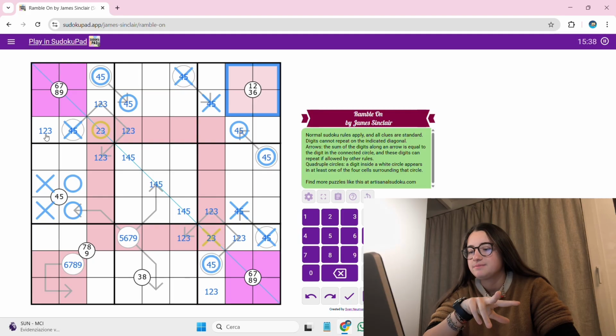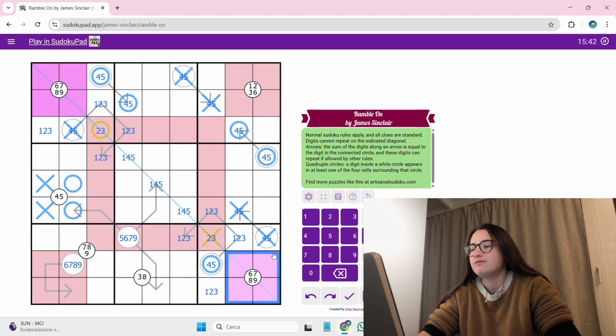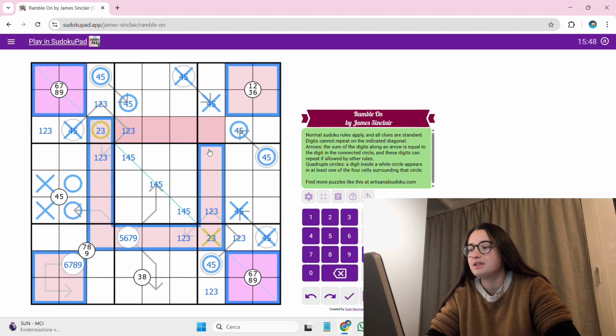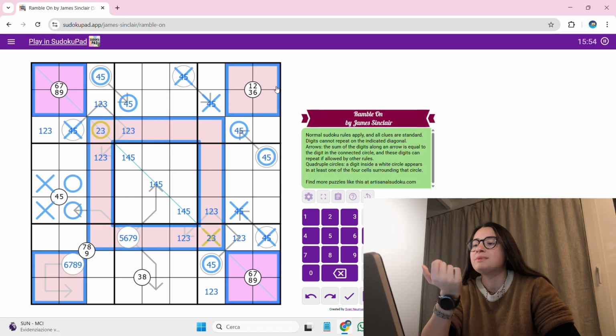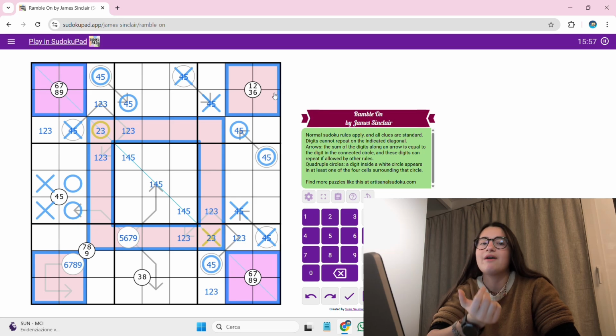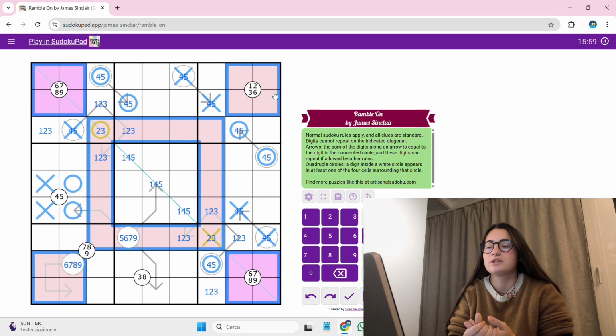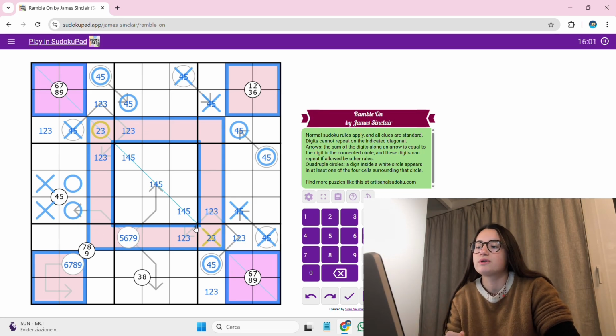What it means is, I'll explain you in just a sec. Basically we have the 4 2x2 squares in the corners that contain the very same digits as this ring, let's call it ring, over here. Which means that if in the corners we have, let's say, 3 4s, we need 3 4s to be in the ring.